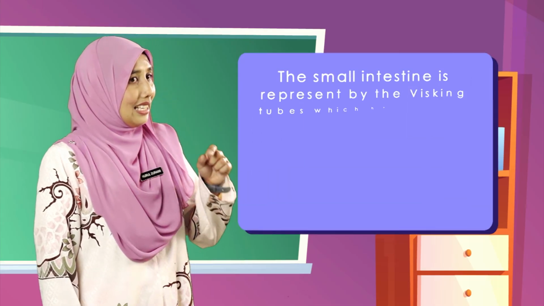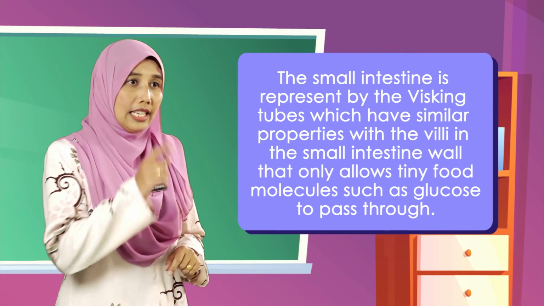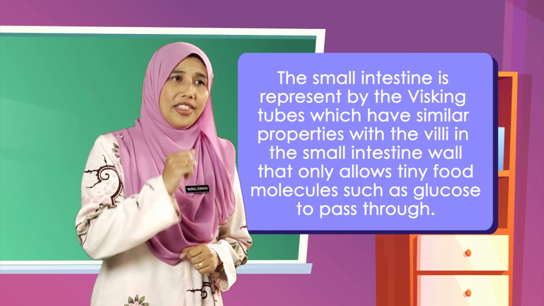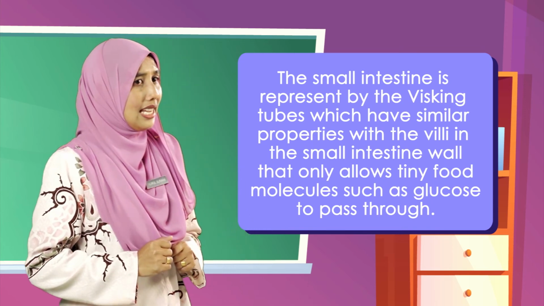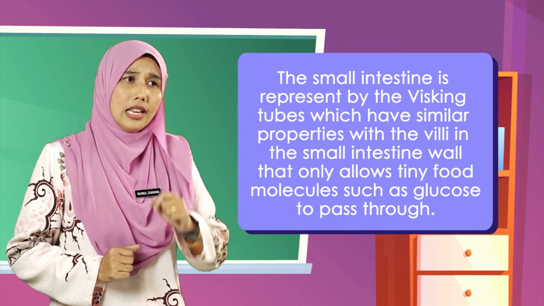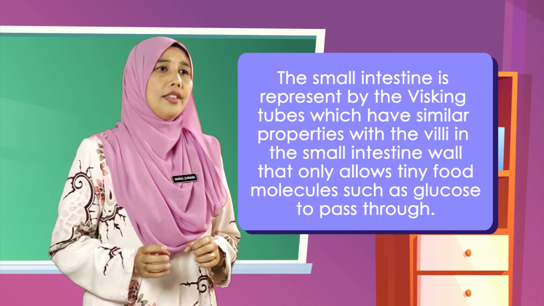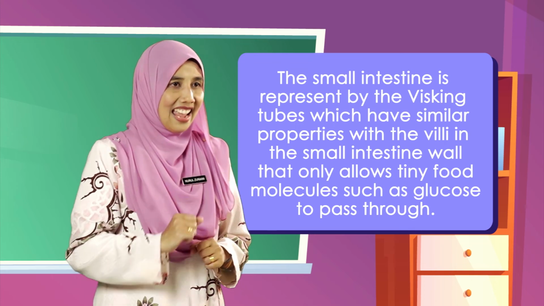The small intestine is represented by the Viskin tube. This is because the Viskin tubes have similar properties with villi in the small intestine wall that only allows tiny food molecules to pass through it, such as glucose.